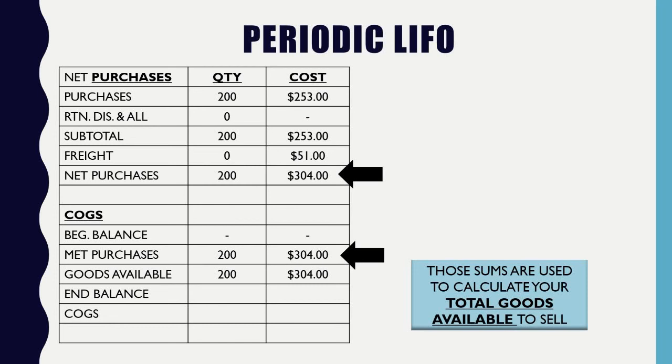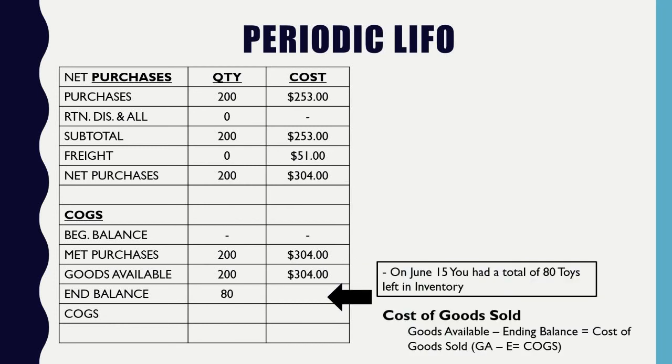Okay? Now, this is where we need to focus on what my inventory items are and how they are listed. Because we need to solve for what my ending inventory is and what my cost of goods sold is. The given scenario tells you that at the end of the accounting period, on June 15, you had a total of 80 units left.